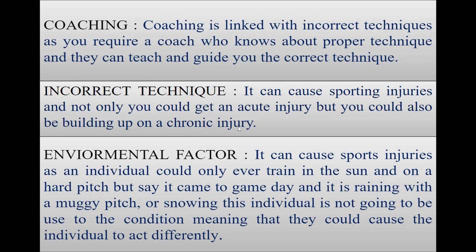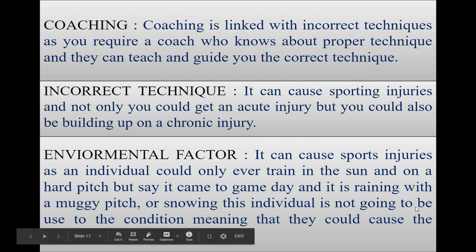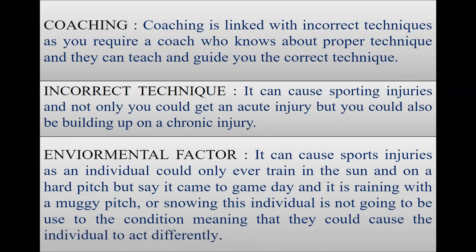Having a repetitive action of the incorrect technique could cause local tissue damage, which could be a severe injury when the injury has fully developed into its worst state for the individual.